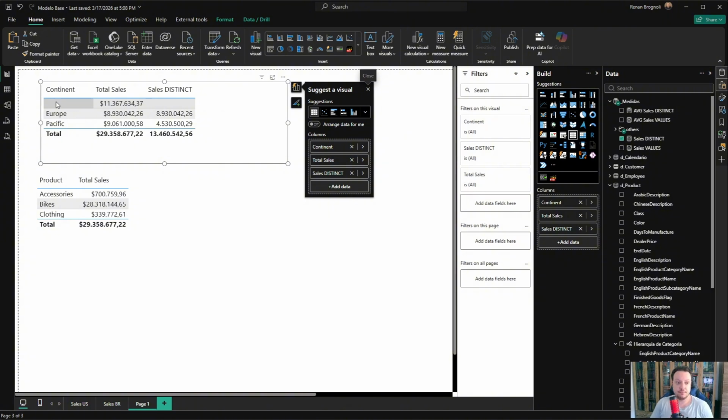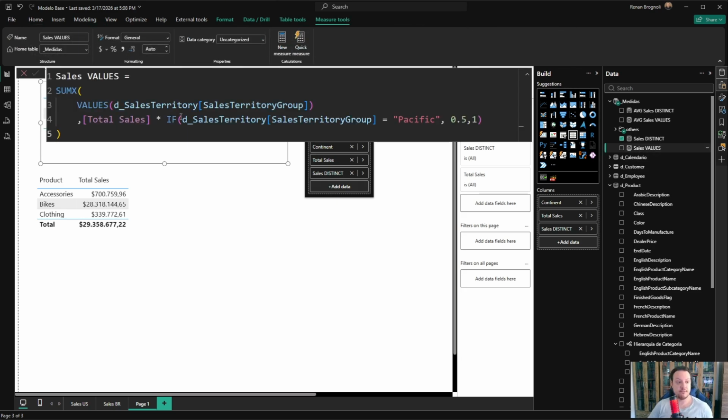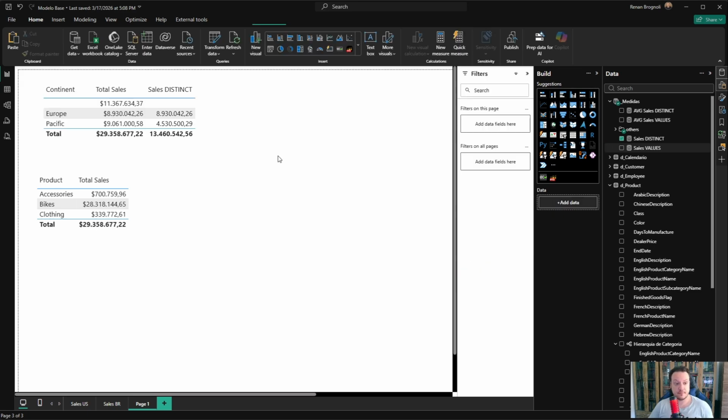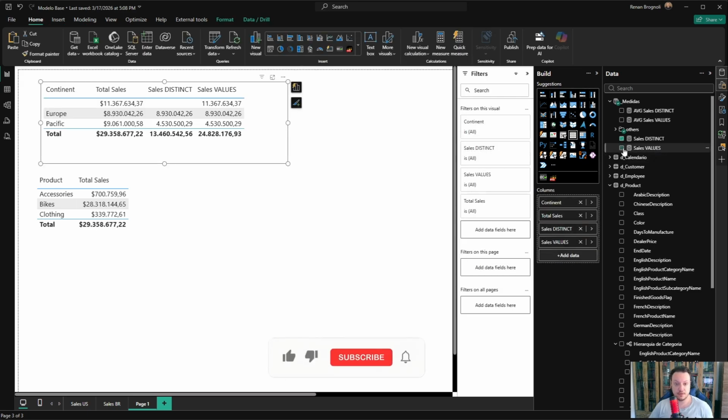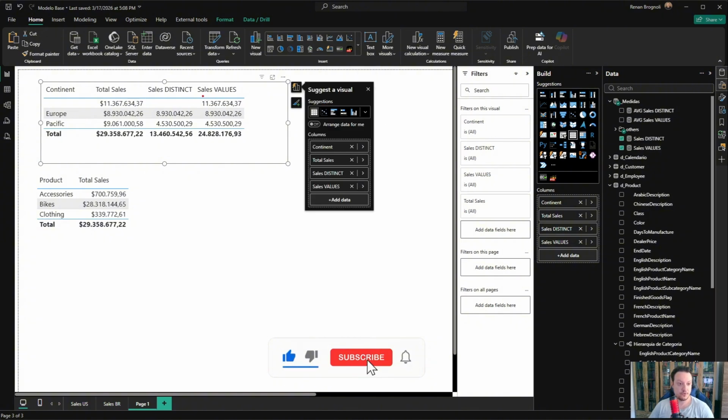99% of the time, we're going to use values. Why? Because values is the same measure, except that it iterates distinct by values. Values will consider the blank rows. So we'll have the 11 million here.